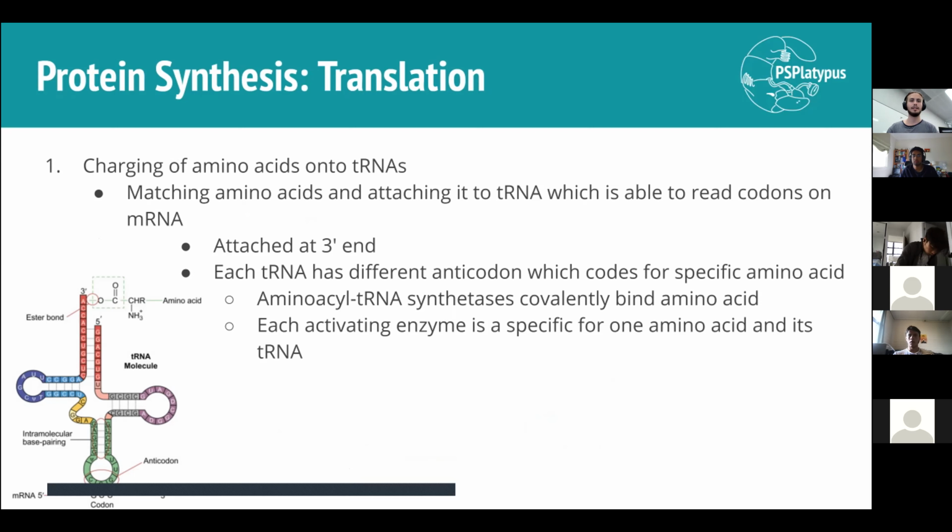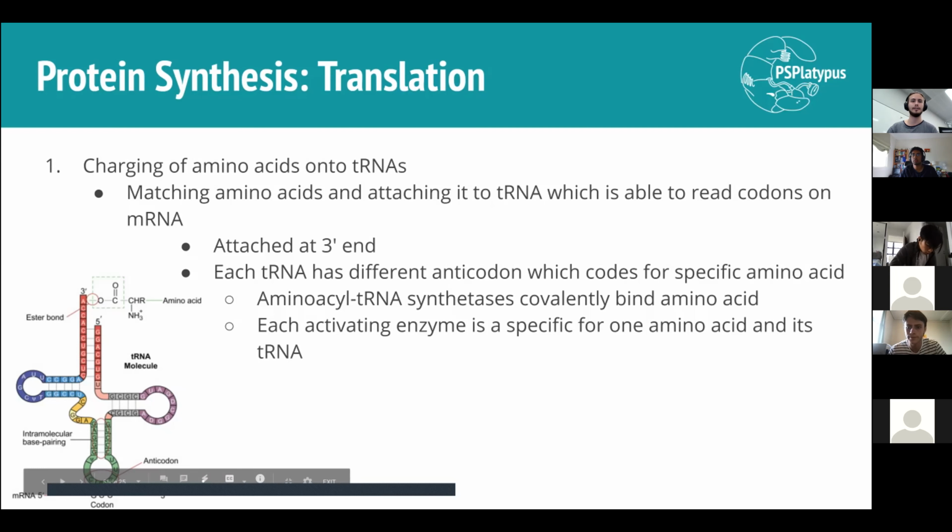It's attached to the 3' end, as you can see in this diagram. And the tRNA synthetases are unique to each tRNA as well. So there's a tRNA, for instance, for serine and a tRNA for leucine, and for each amino acid, there's a different tRNA.